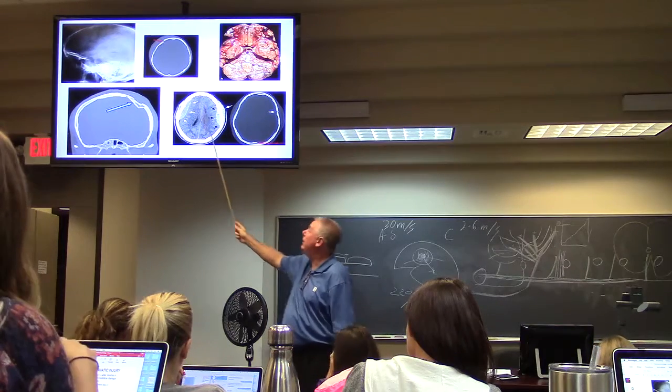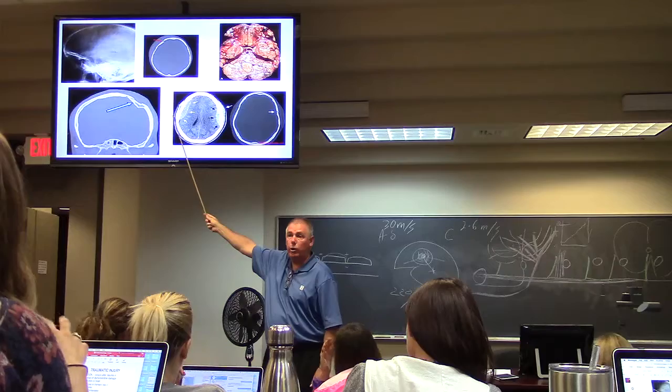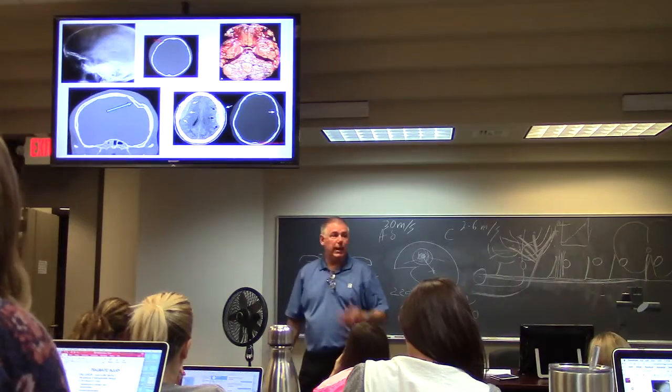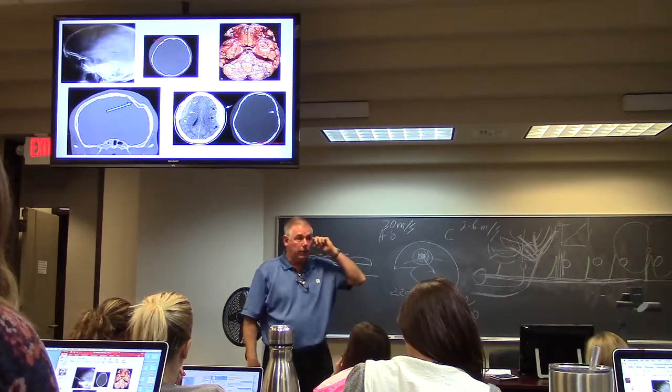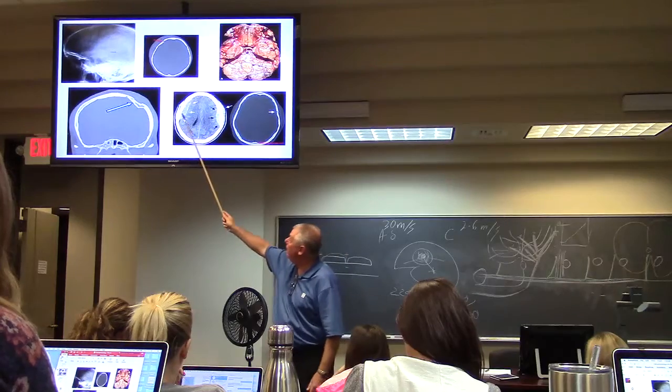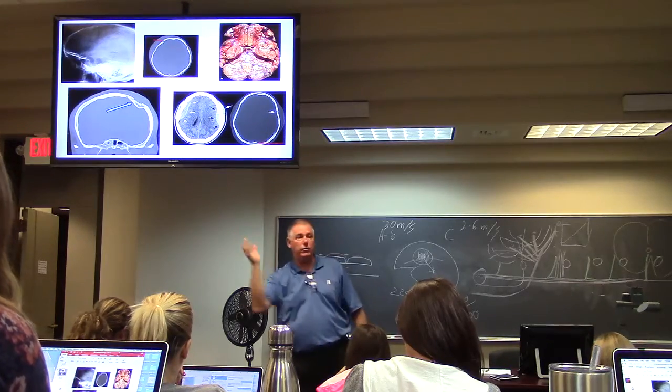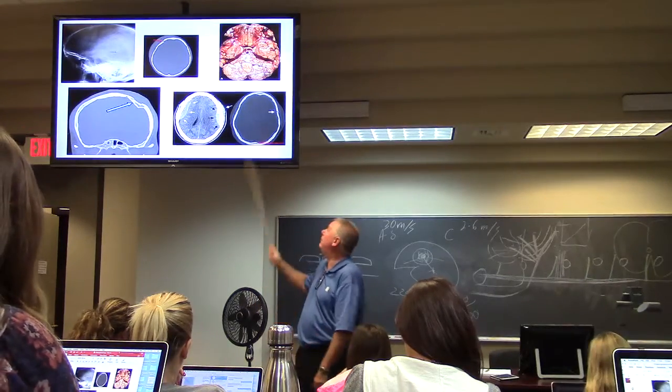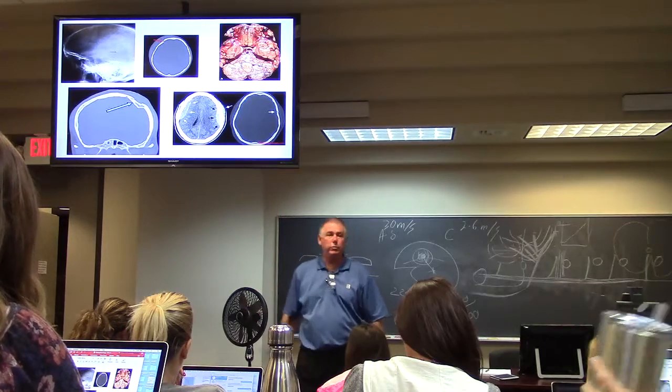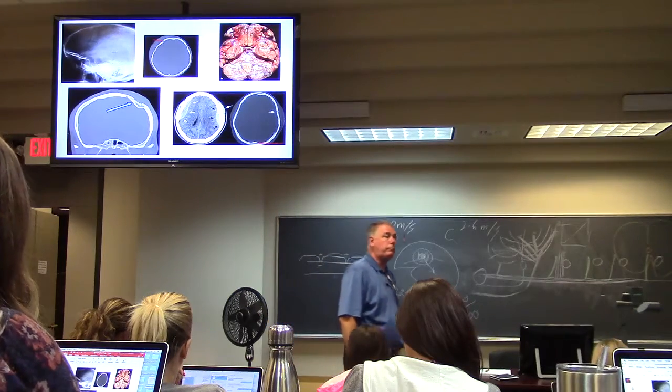Remember from anatomy, this is coup contrecoup. This is an example of a coup contrecoup lesion. That's damaged only because of the transmission of force. This is the direct blow that produced that skull fracture.